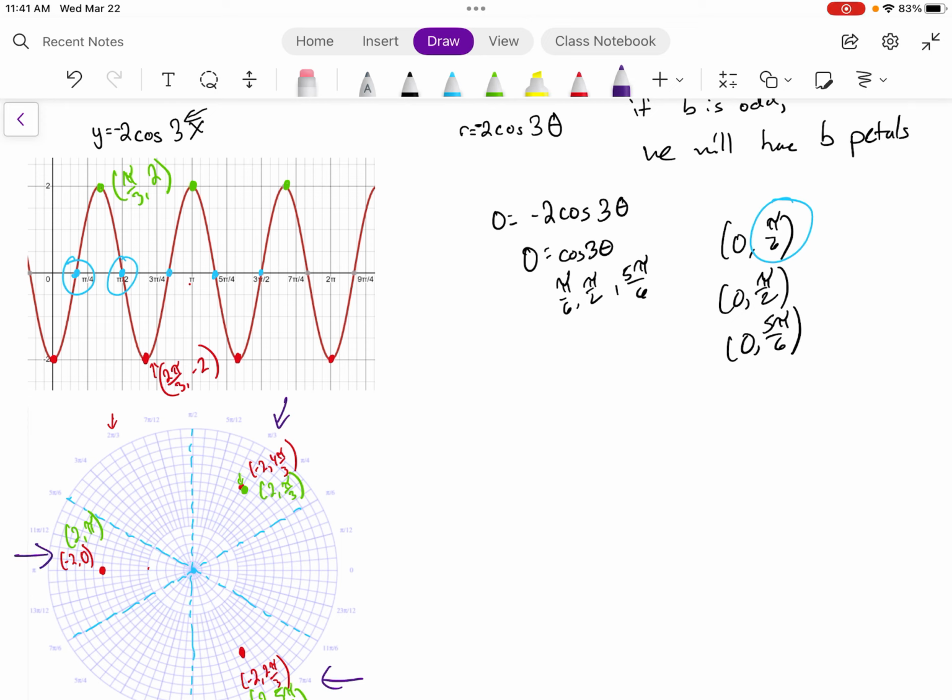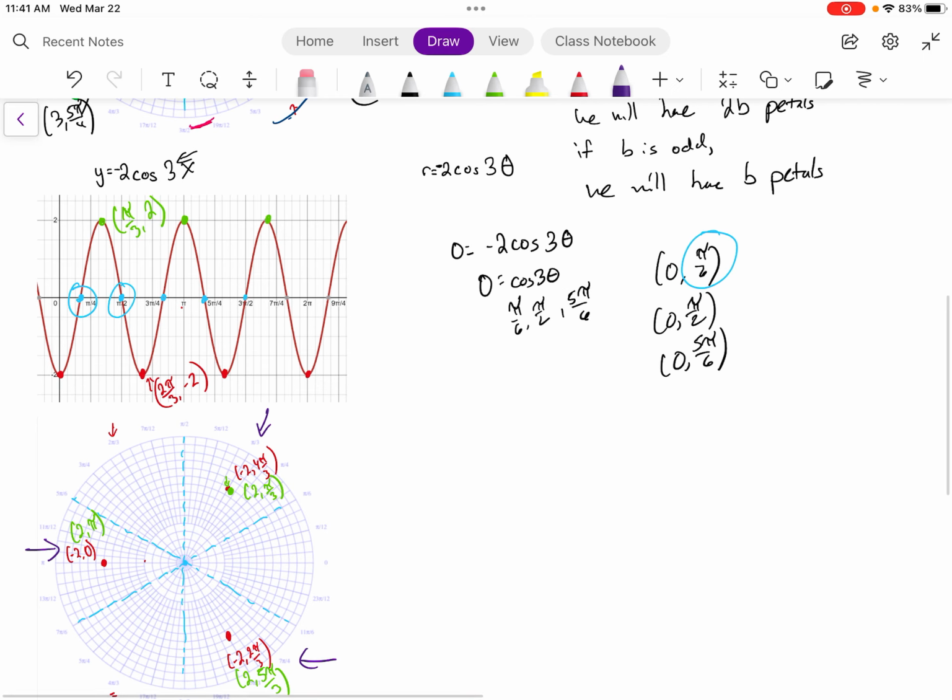It's just a matter of thinking about where do we start, which direction do we go. And if we follow the same rule as last time, where I come in on a tangent line and go out on the same tangent line, we should be able to trace this pretty quickly. So we know we started at this point, negative 2 comma 0, out here. Let's think about what's going on.